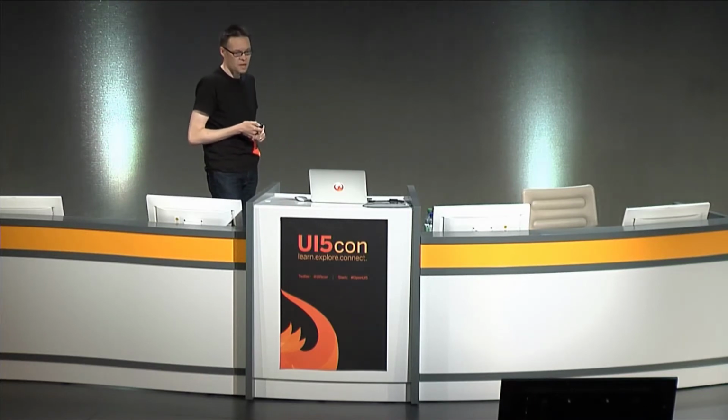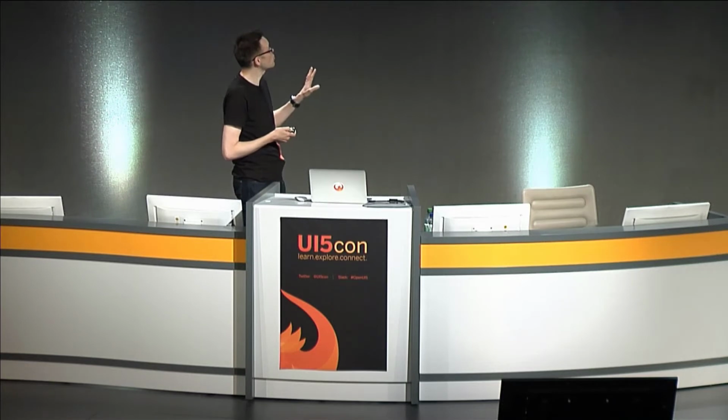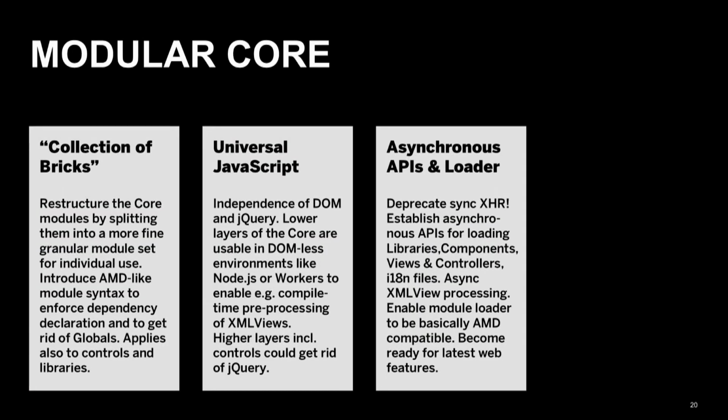All right. So let's complete the picture of the modular core that we had with exactly those asynchronous APIs and the new possibilities, loading components, views, controllers, all that kind of stuff.